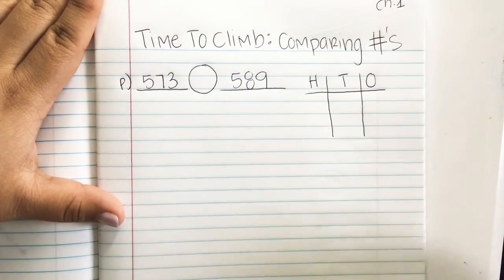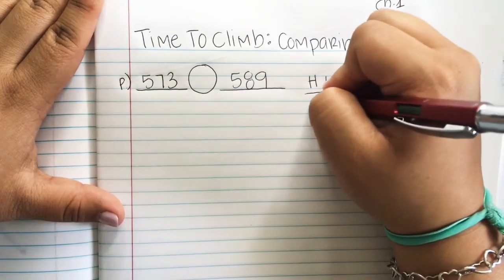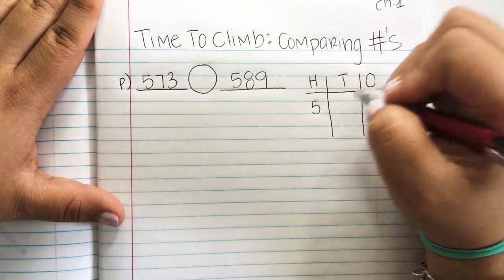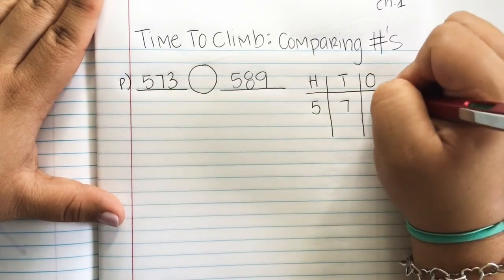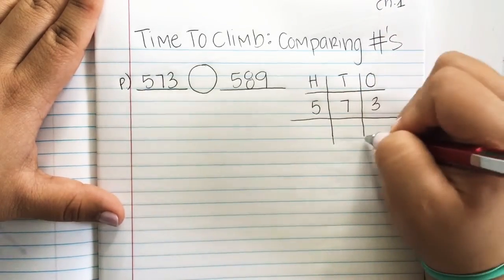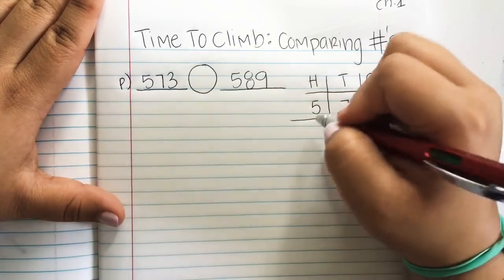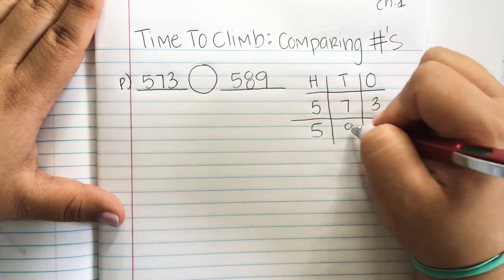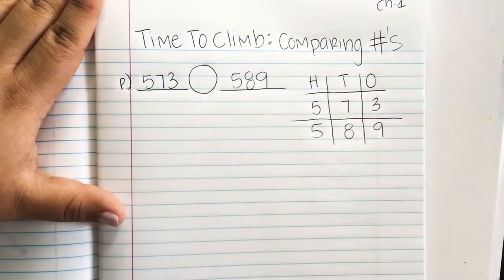So, like I said, here's our place value chart. This is what you're going to use always, always, always to compare. So I'm going to put my first number in here, 573. There's 5 hundreds, 7 tens, and 3 ones. Then my little line so I don't confuse the numbers. Then 589. There's 5 hundreds, 8 tens, 9 ones.